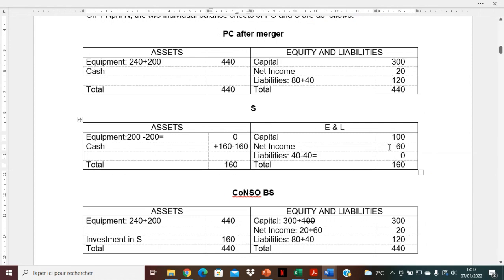So minus 160, and the shareholders are reimbursed for the capital that is still in the company and for the undistributed profit so far. Then everything is down at 0 and the company does not exist anymore. It has been dissolved. That's a statutory merger situation from the target company perspective S, which is later dissolved, as you can see here.